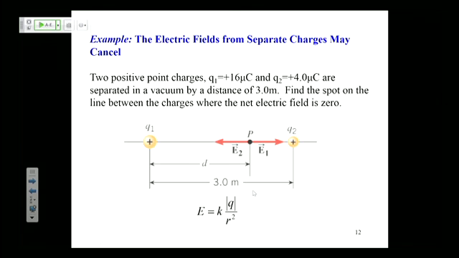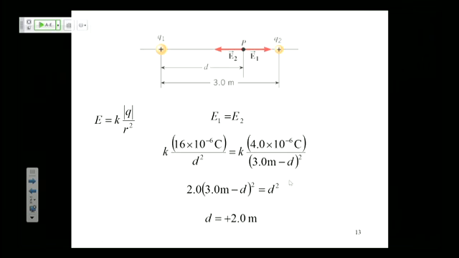In order to identify the location of this point P, let us assume the separation between the point and Q1 is D. Therefore, the separation between Q2 and the point is going to be 3 minus D. And then we calculate the electric field E1 and E2 and make the two fields equal.